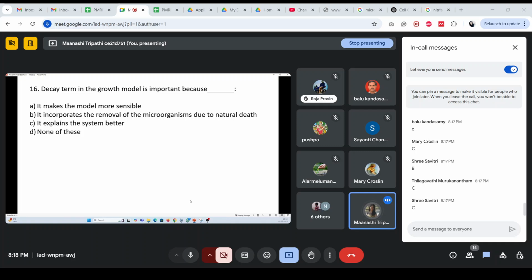So why wasn't the decay term introduced? But we know the bacteria do die, right? So why is the decay term in the growth model important? Please mention the correct answer.